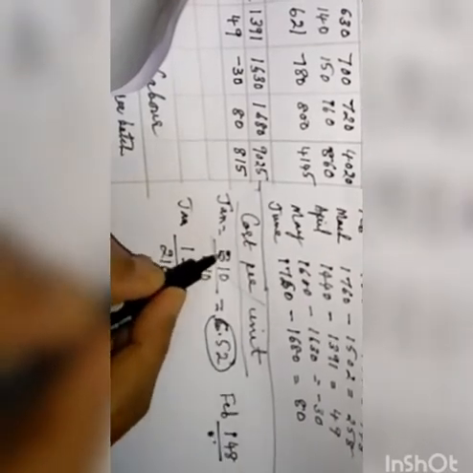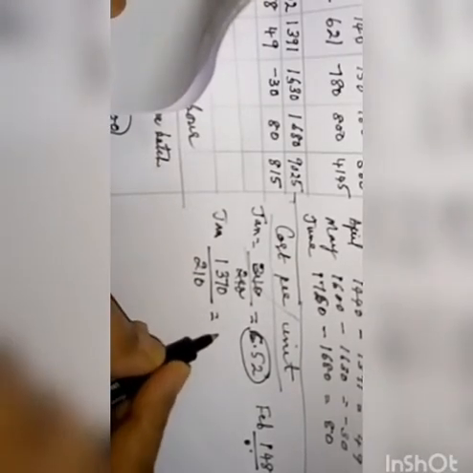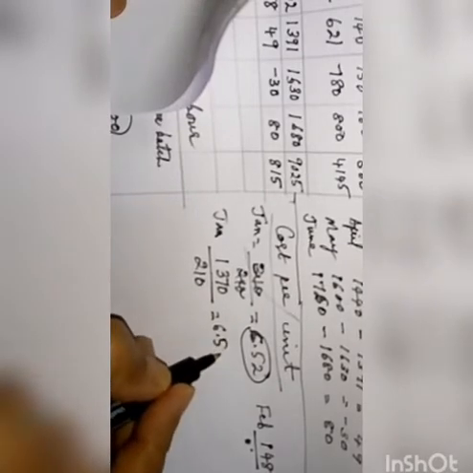Batch wise total cost comes to 1370 divided by total number of units 210. 1370 divided by 210, per unit cost comes to 6.52.